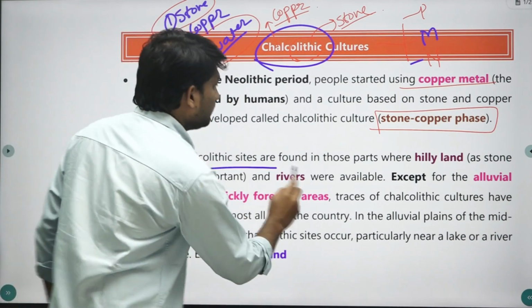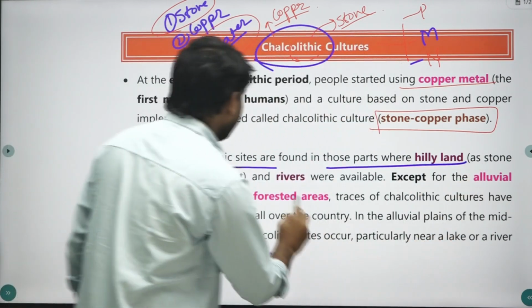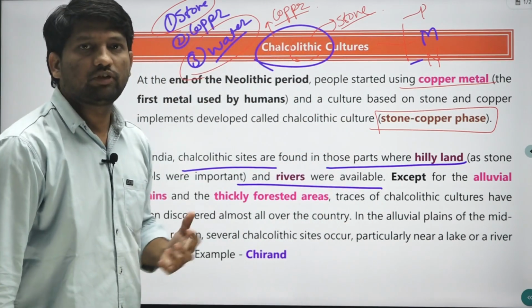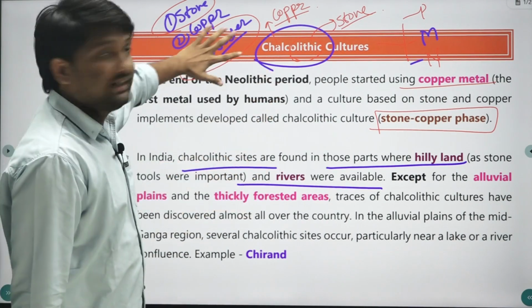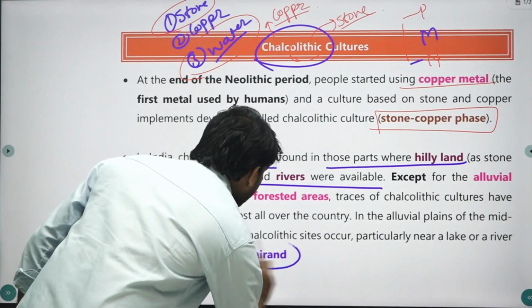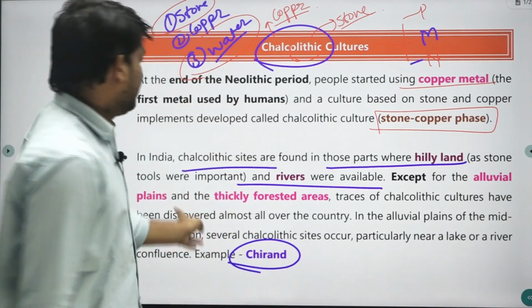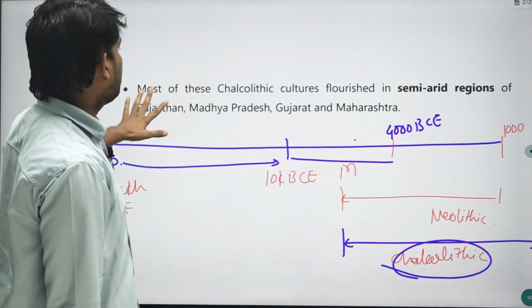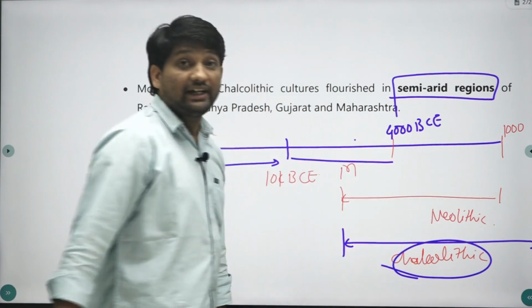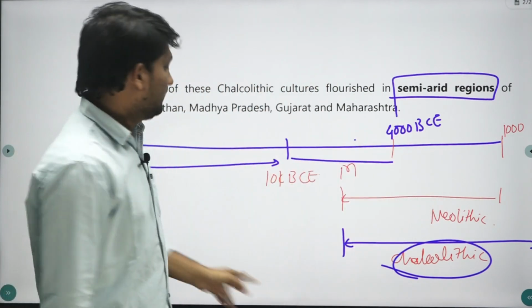Chalcolithic sites are found in those parts where hilly land and rivers were available. Most of the sites are in the hilly areas and rivers. Few sites like Chirand in Bihar are in the alluvial plain. Most of the Chalcolithic cultures flourished in the semi-arid regions of Rajasthan, Madhya Pradesh and Maharashtra.